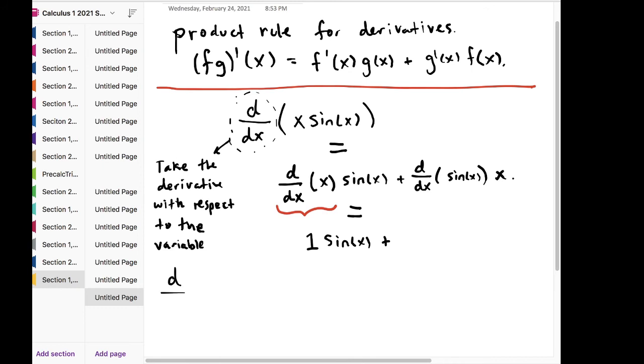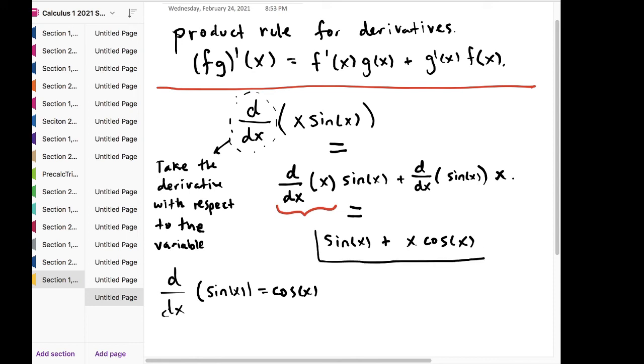I think the last time we said what it was. It's cosine, x cosine. So that's it. So now that we have this product rule, if we know everything in the product, then we can find the derivative. Okay, any questions about this one?